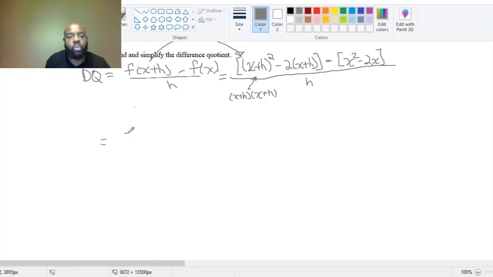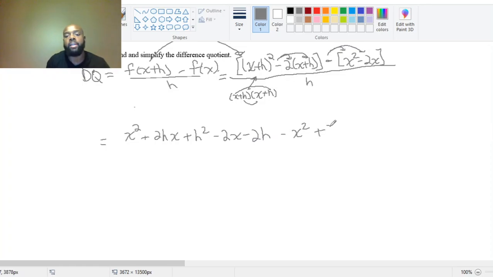X times x is x squared. When I multiply x times h and then h times x, I'm going to get 2hx. And then when I do the last, I'm going to get plus h squared. I distribute this negative 2, so that'll be minus 2x minus 2h. And I distribute this negative here, minus x squared plus 2x. All of that is going to be over h.